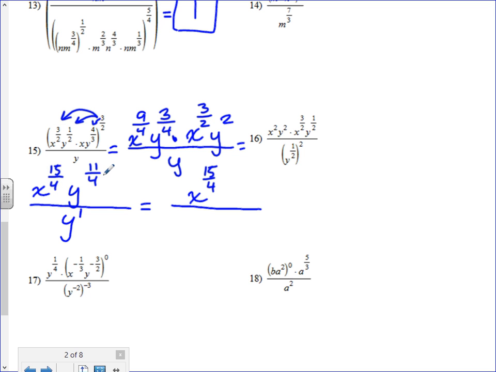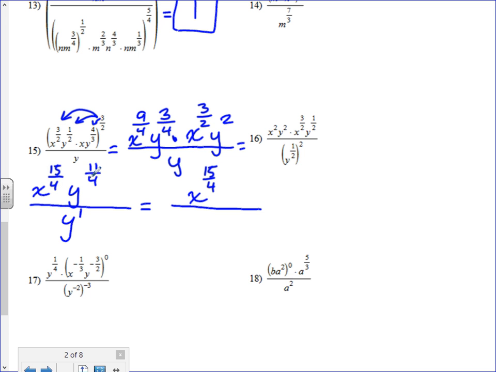But hold on. This is important. A lot of you are going to make this mistake. When you subtract these exponents, you have to decide which one of these exponents is bigger. You gotta make sure. 11 over 4 is bigger. If you need to convert it to a decimal, it's 2.75.